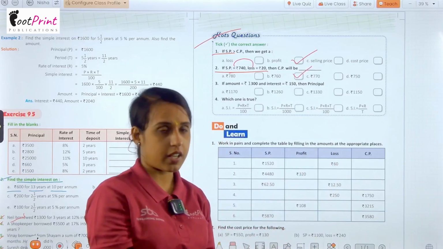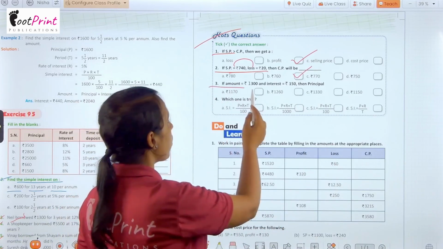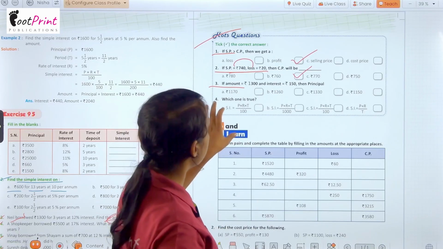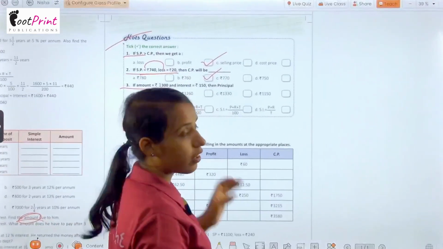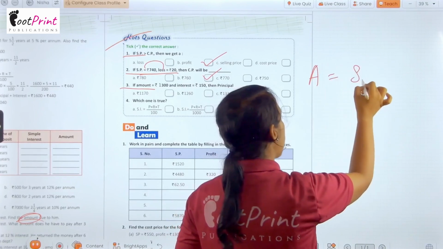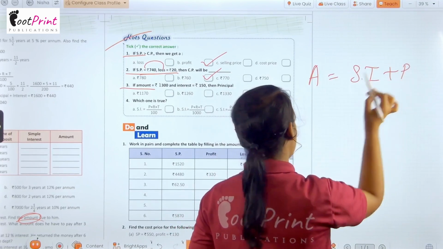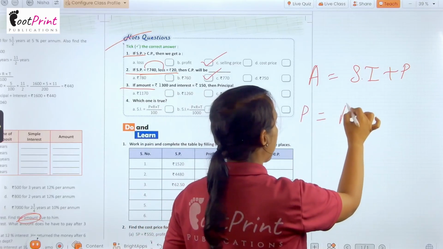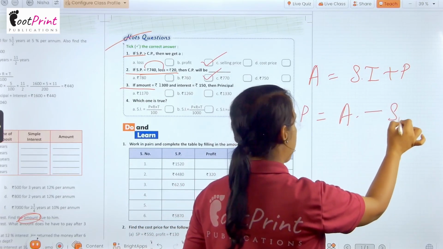B option is correct. Now if the amount is 1300 rupees and the interest is 150 rupees, we have to find the principal. As we know, amount equals SI plus principal, and now we have to find the principal. So how do we find it? Amount minus SI.